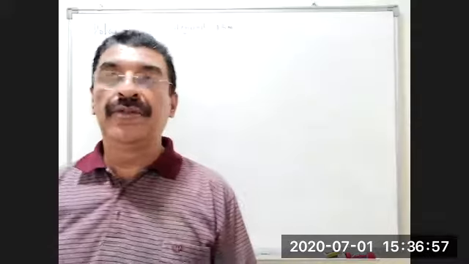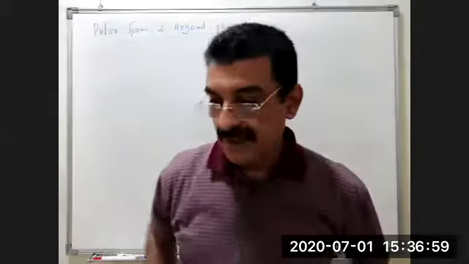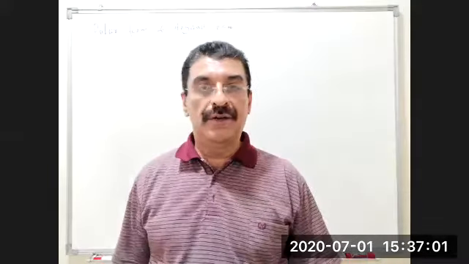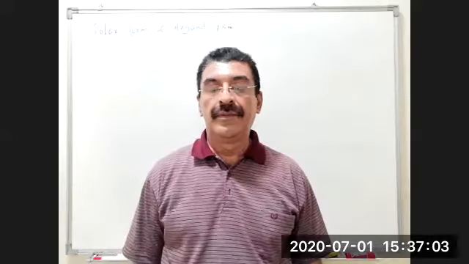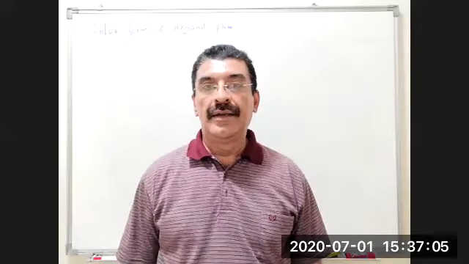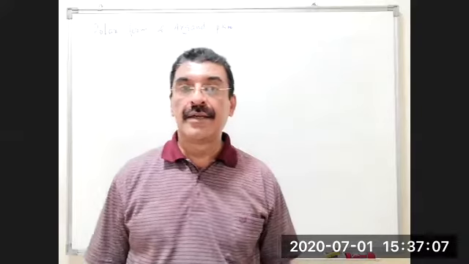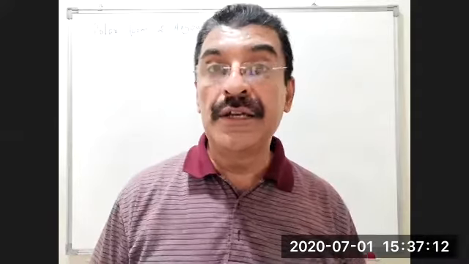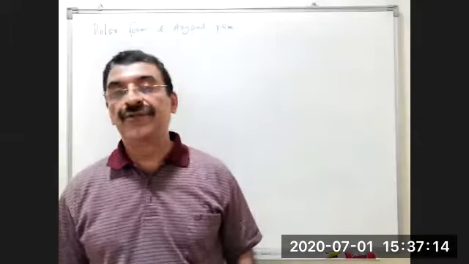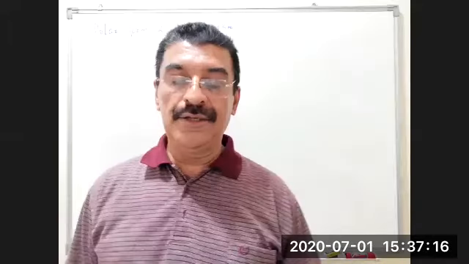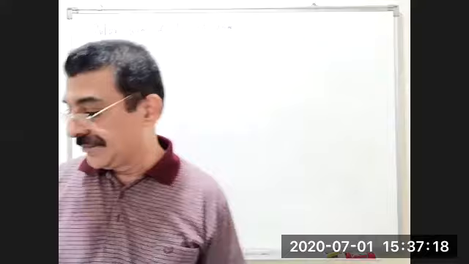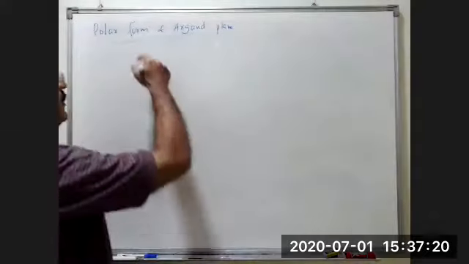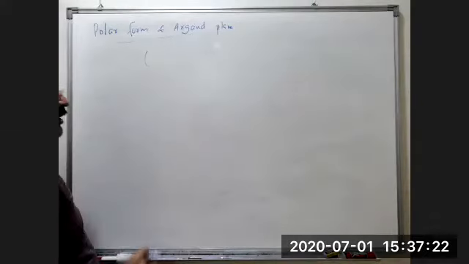To find the principal value, first find alpha in quadrant 1. In bracket, how do you take quadrant 1?